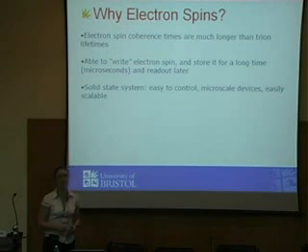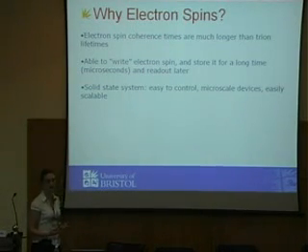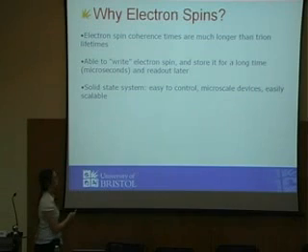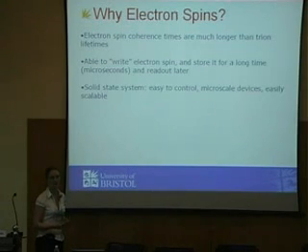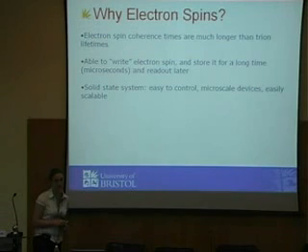So why use electron spins then? Well, it turns out, and I'll show you in the next few slides, that the coherence time of the electron is much longer than the trion or exciton lifetime. I forgot to mention a trion is this 3-particle state with 2 electrons and one hole. In fact, I'll show you that they will last for microseconds.